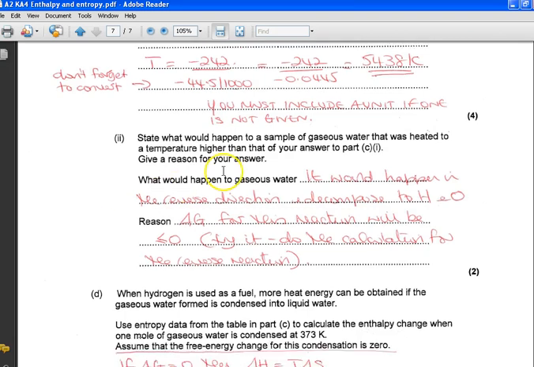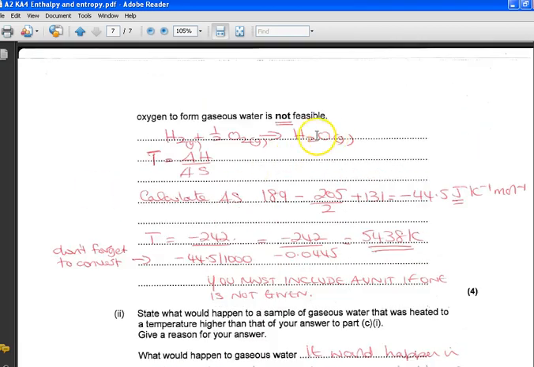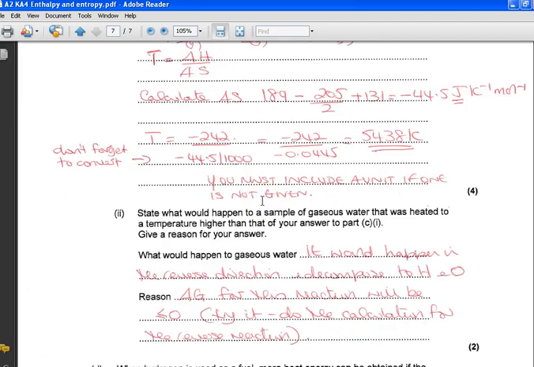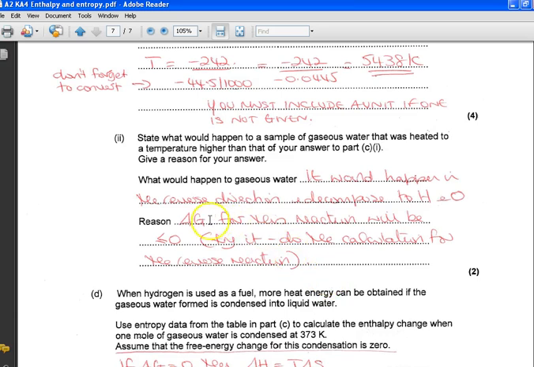Obviously, if the temperature is higher than this, the reaction will be feasible in the opposite direction. So it will turn back into hydrogen and oxygen, so decompose to hydrogen and oxygen. And the reason for this is that the delta G in that direction will be less than 0.